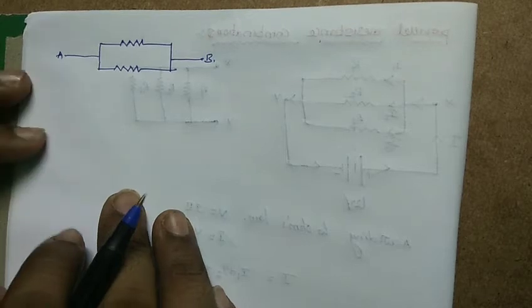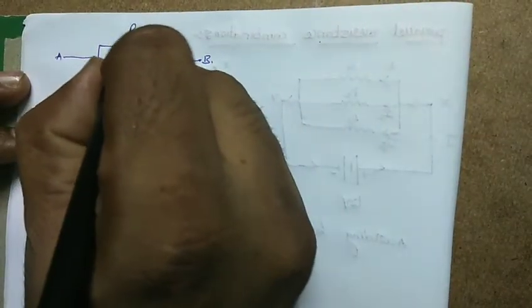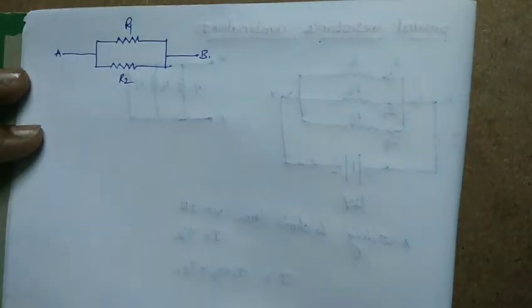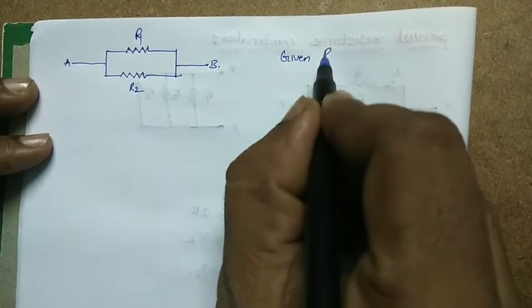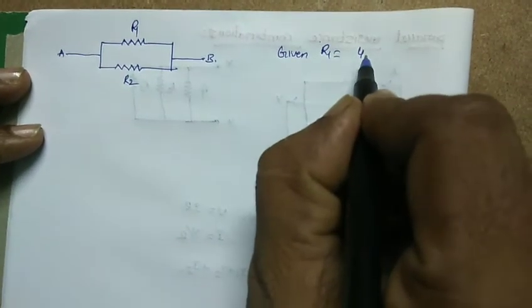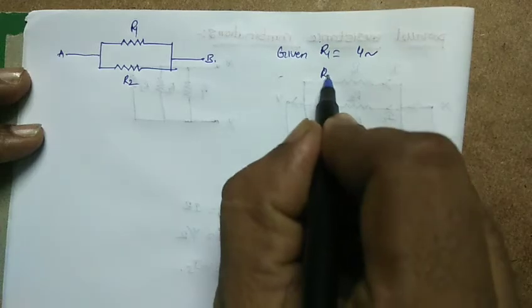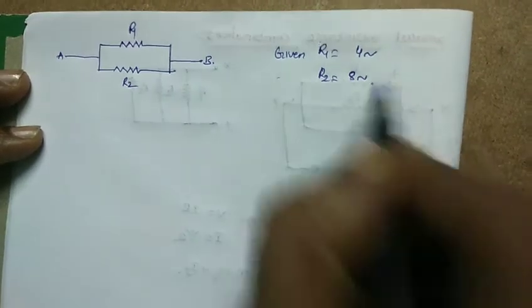Now this is R1 and this is R2. The given R1 is 4 ohms and R2 is 8 ohms.